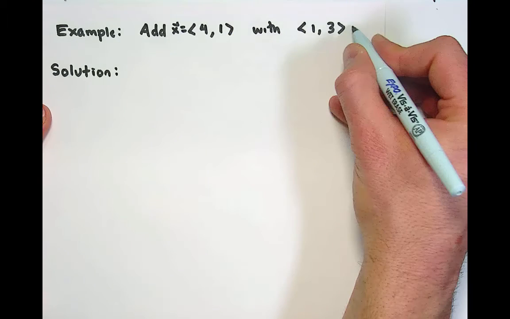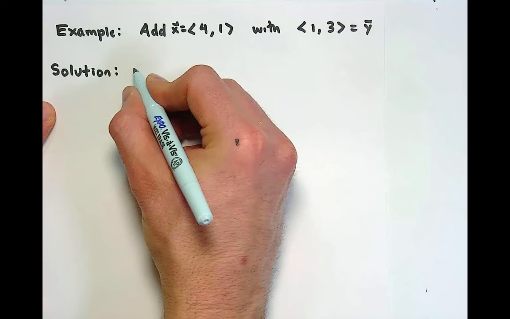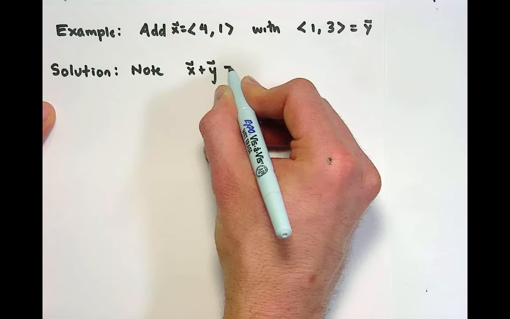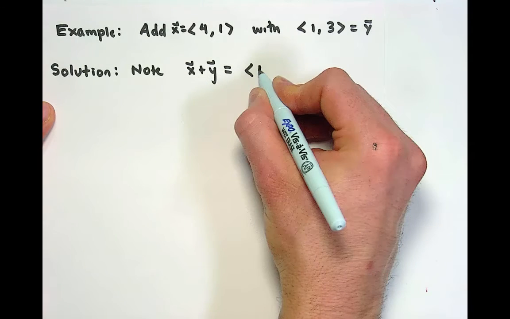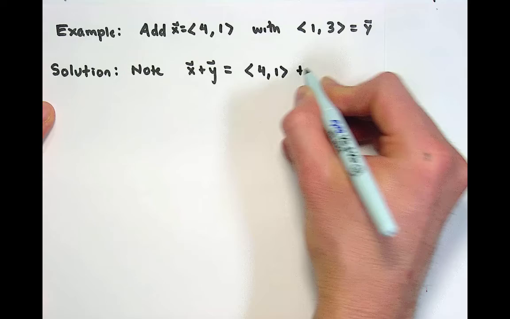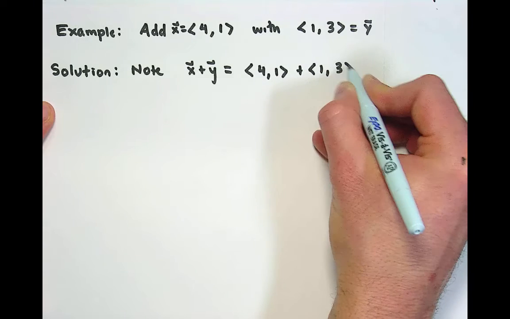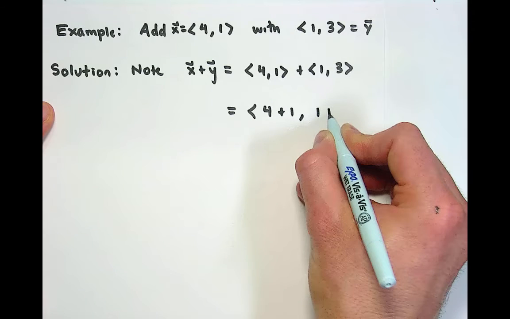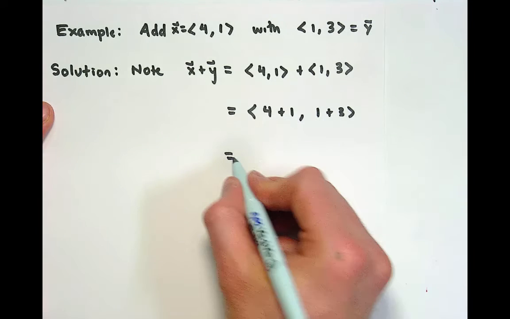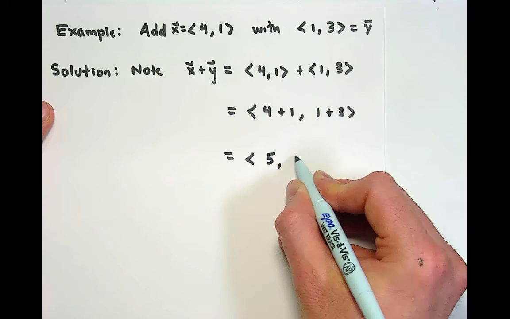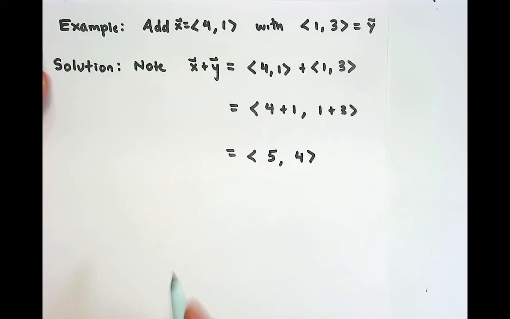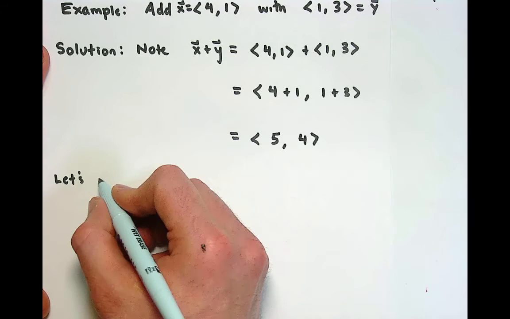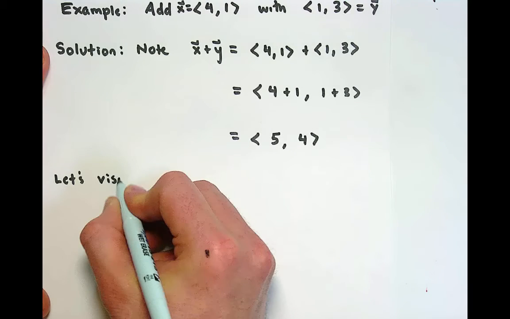Perhaps we call this first one x and the second one y. X plus y is equal to 4, 1 plus 1, 3, which is 4 plus 1, 1 plus 3, which is 5, 4.